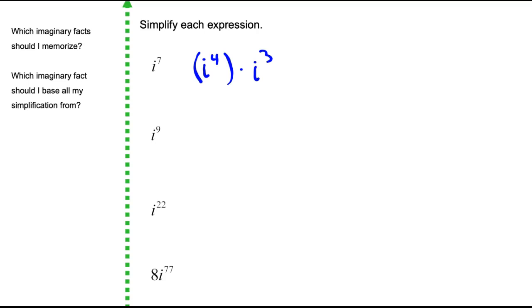So technically this is just like 1 times i to the third. What is i to the third? Negative i, right? So this is the same as negative i. So i to the seventh is the same as negative i. It's the same as i to the third.